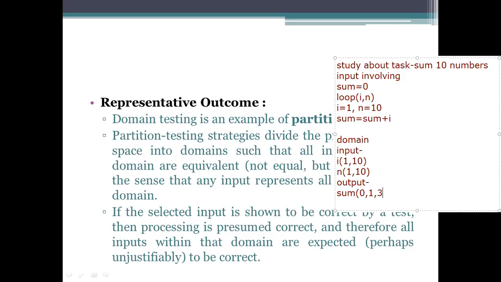After that 6, then 10, then 15, 21, 28, 36, and then 45, plus 10, and it will be 55.